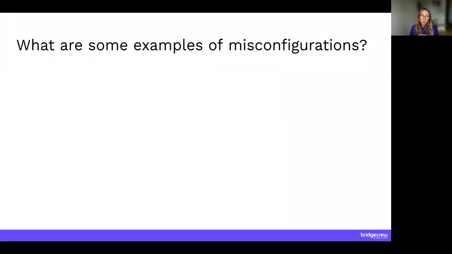So before we move on to the guidance portion, I think it's important to understand what we mean when we're talking about misconfigurations. We're talking about vulnerabilities in an abstract sense.